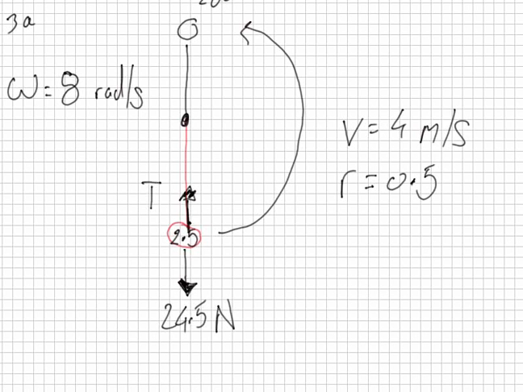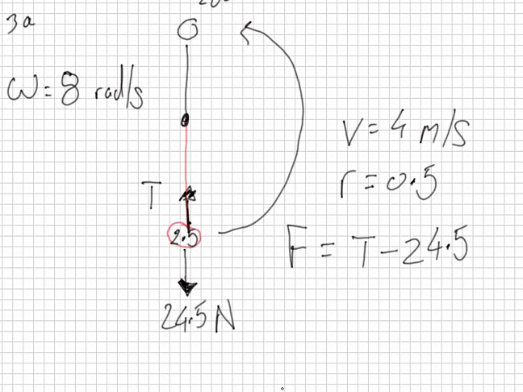Which is bigger, the T or the gravity? The T, because if the gravity was bigger, it would fall down. Because it's going up, the T is bigger. So the total force would be T minus 24.5. Does that make sense so far?